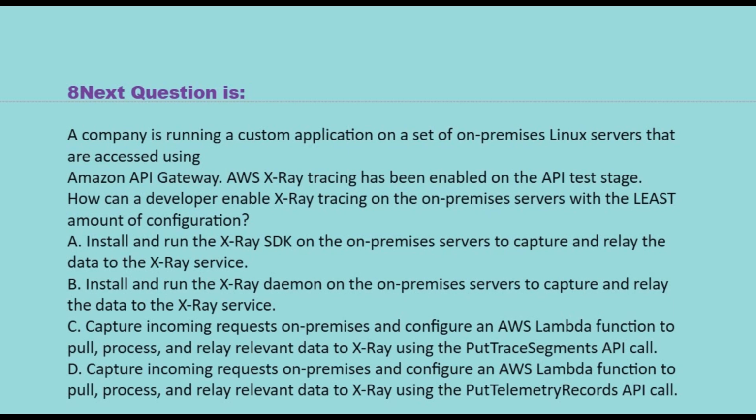Option C. Capture incoming requests on-premises and configure an AWS Lambda function to pull, process, and relay relevant data to X-Ray using the PutTraceSegments API call. Option D. Capture incoming requests on-premises and configure an AWS Lambda function to pull, process, and relay relevant data to X-Ray using the PutTelemetryRecords API calls.